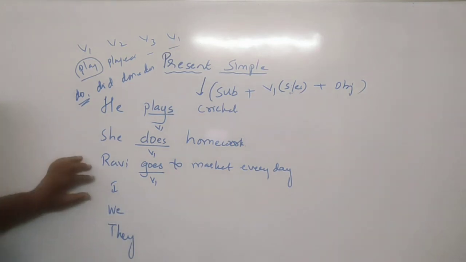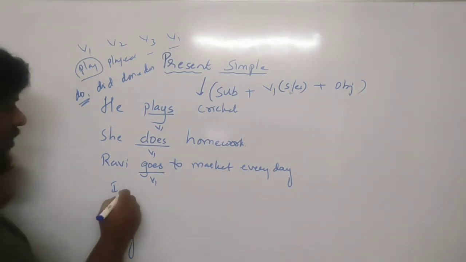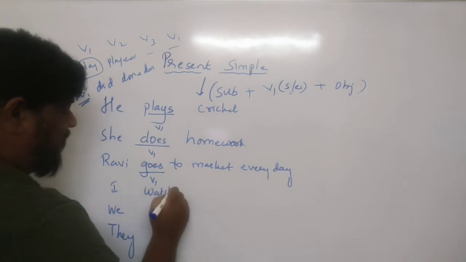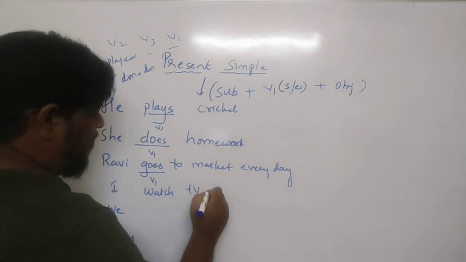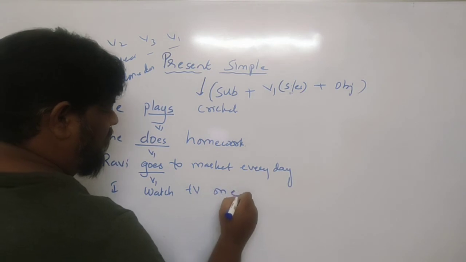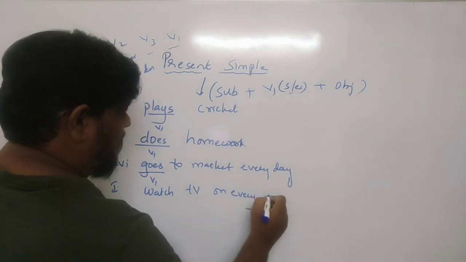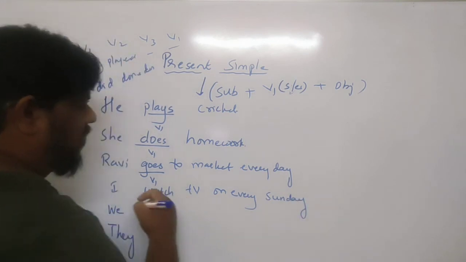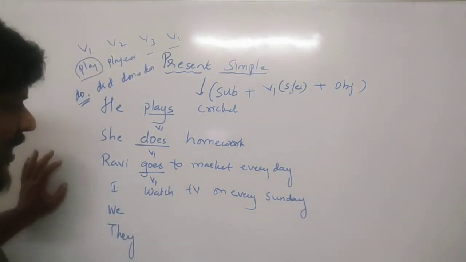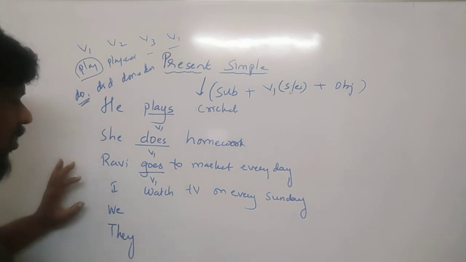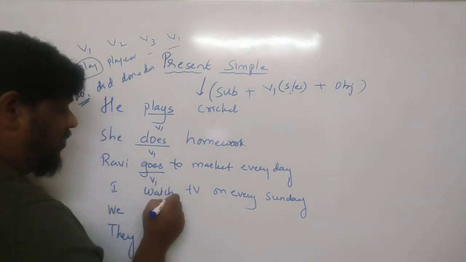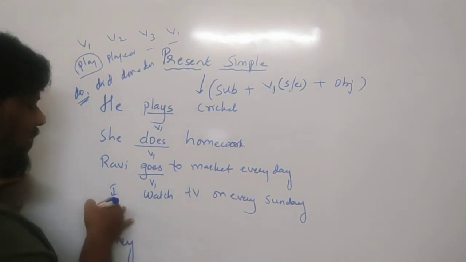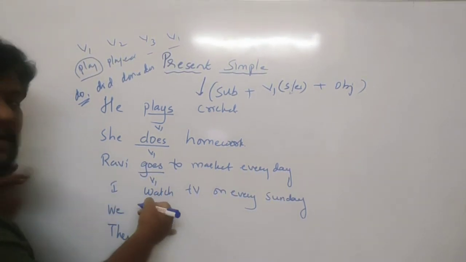When you come to the I, I watch TV on every Sunday. On the remaining days, what will he do? He will study. He will not waste time. Only he watches TV on Sunday. So when the subject is he, I am saying watches.